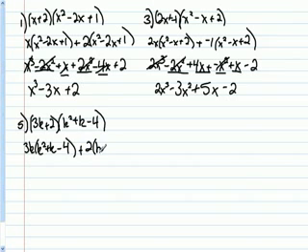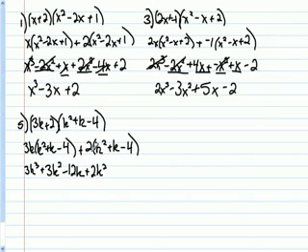And I'm going to do 2 times k squared plus k minus 4. 3k times k squared is 3k to the third. 3k times k is 3k squared. 3k times negative 4 is negative 12k. 2 times k squared is 2k squared. 2 times k is 2k. And 2 times negative 4 is negative 8.